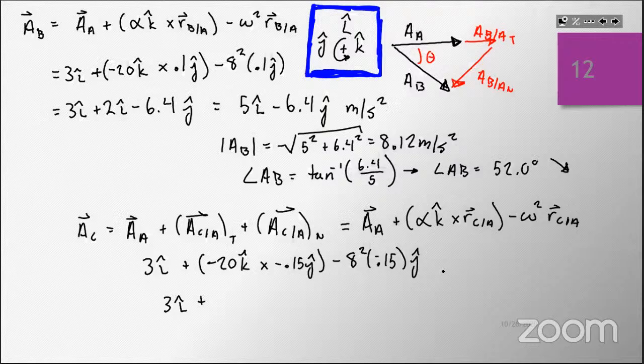So I've got negative 20 times negative 0.15 times negative I. That's going to give me minus 3. 20 times 0.15 is 3, right? Then the negative I gives me a negative, plus, well, 64 times negative 0.15 minus that, that's going to be 9.6J. So something interesting happens here.